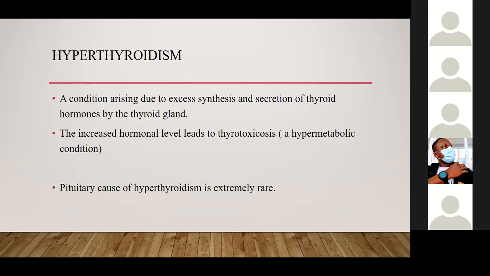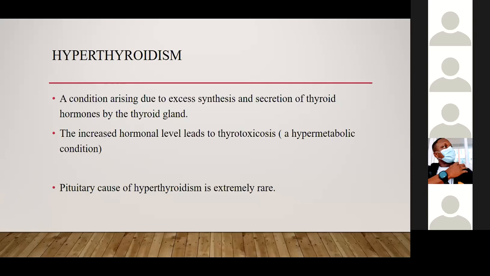There's excess stimulation from the pituitary, so you are making more TSH, and this TSH is stimulating the thyroid gland, and then you are making excess thyroid hormones, okay? And that means that you have a secondary hyperthyroidism. So in severe cases, sometimes the increased hormonal level will lead to what we call thyrotoxicosis, okay?